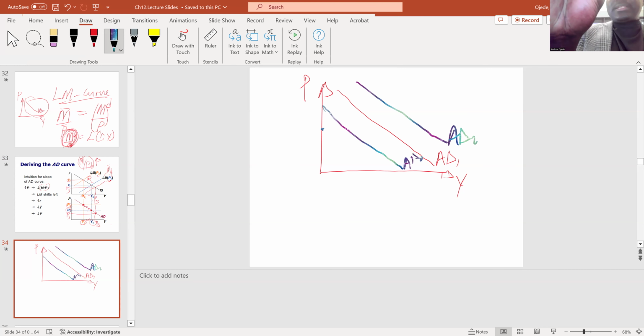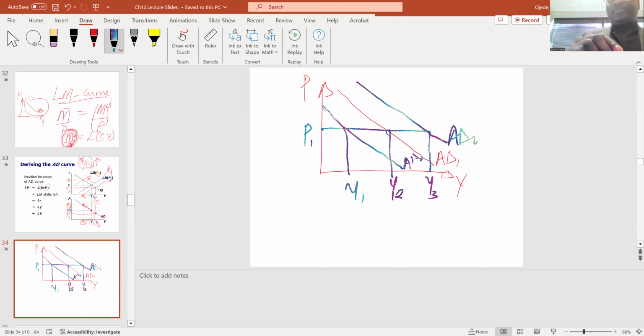So when we hold price constant, we can get the outputs Y3, Y1, Y2. See that? The aggregate demand curve can shift to the right or to the left.